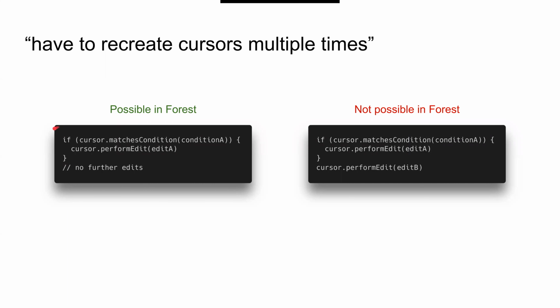What's possible in Forest is to check if a location matches a condition, and in that case, perform some edit on it, as we did for f. But afterwards, there must be no further edits on the total set of locations. So what's not possible in Forest is checking a condition, performing an edit on those locations, and then, regardless of the result, performing a different edit on all locations.